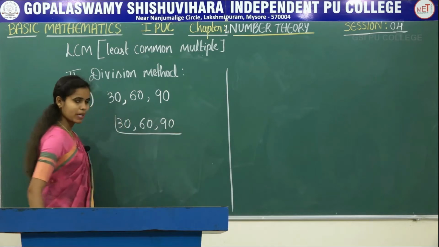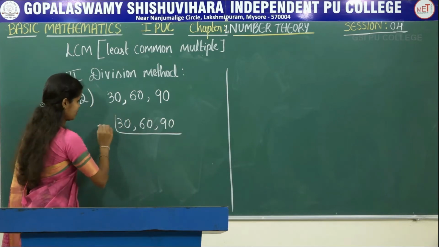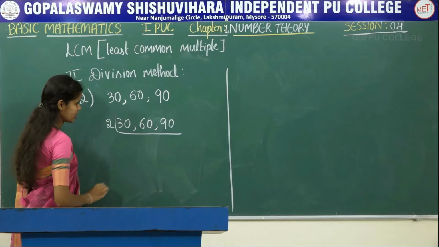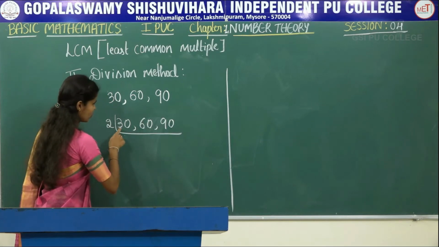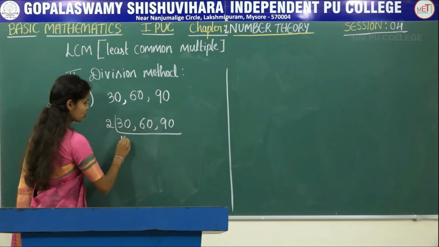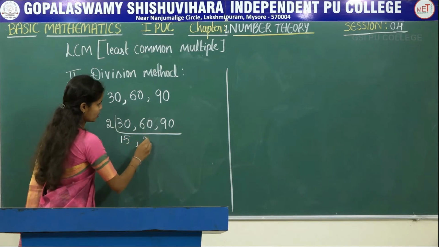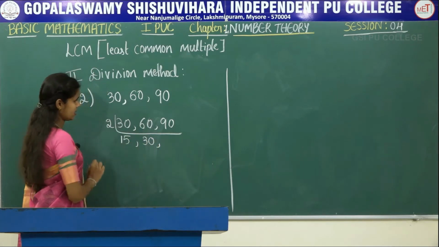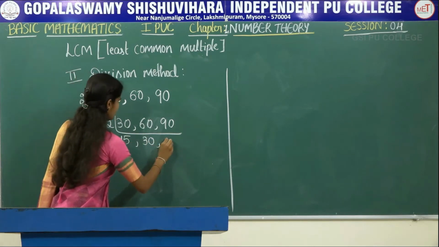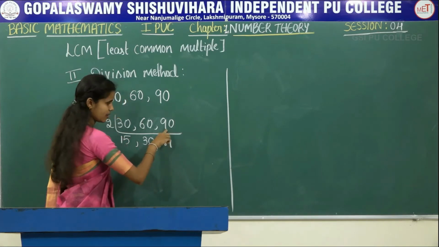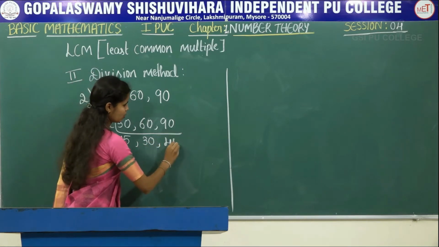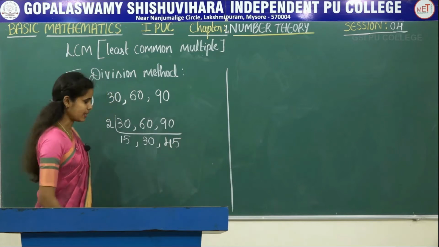So divide by only a prime number. I consider 2. 2 fifteens are 30, 2 thirties are 60, 2 forty-fives are 90. So we get 15, 30, 45.